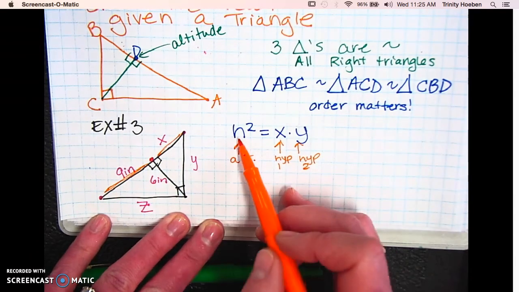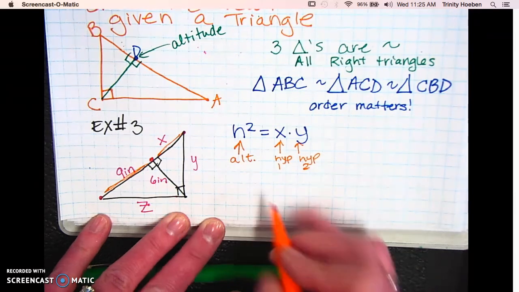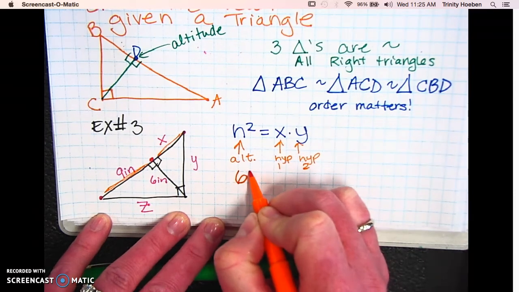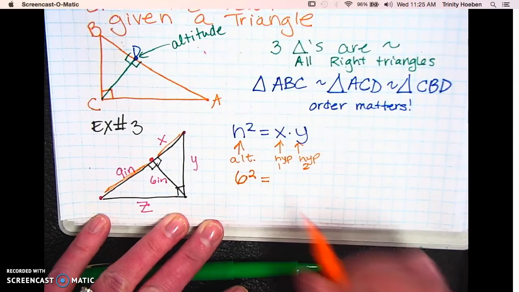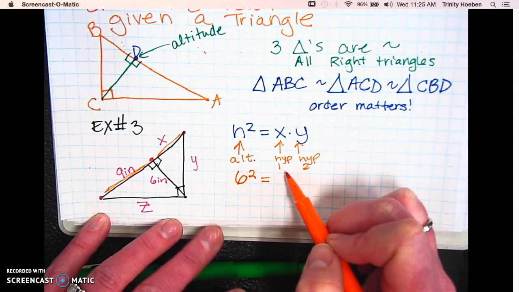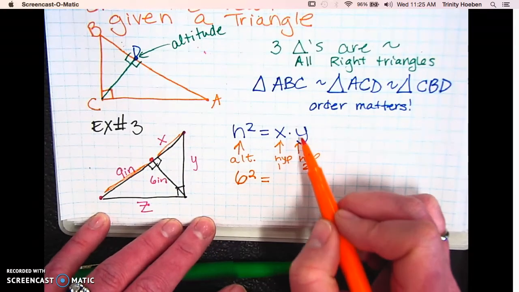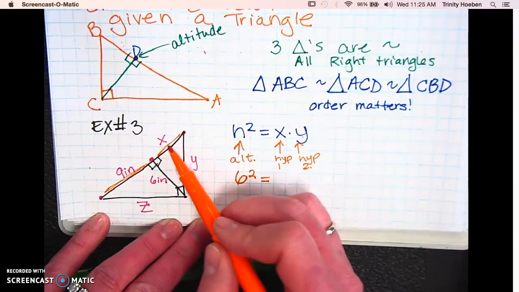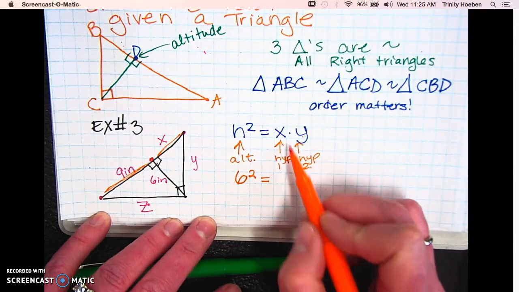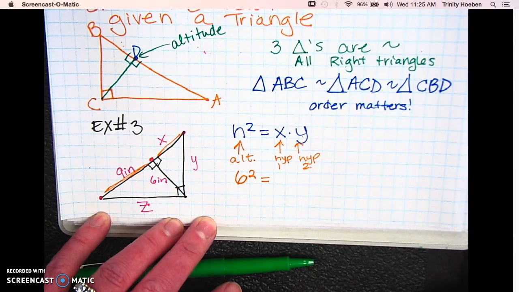So the altitude is labeled 6 inches. We're going to say 6 squared is equal to one of the pieces of the hypotenuse times the other piece of the hypotenuse. One of them is 9 and one of them is x. If I'm multiplying them, does it matter what order I put them in?